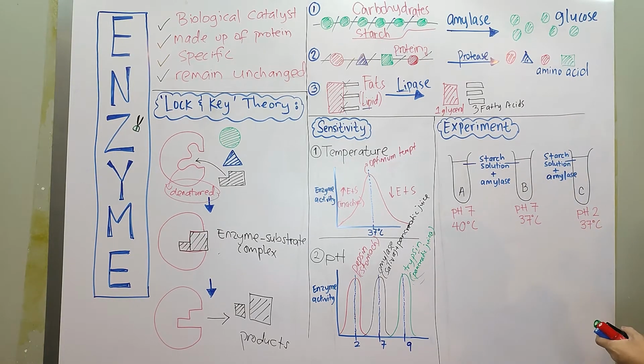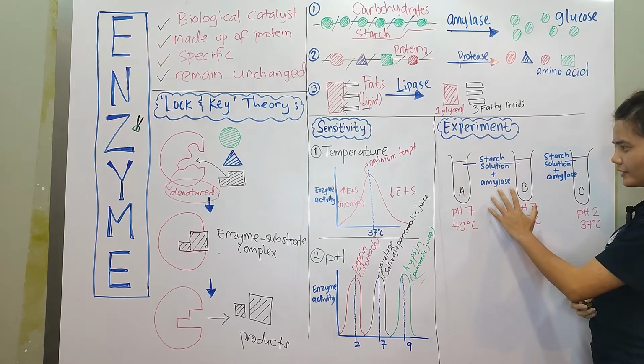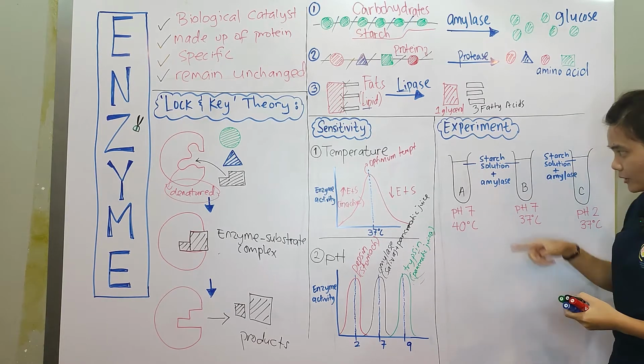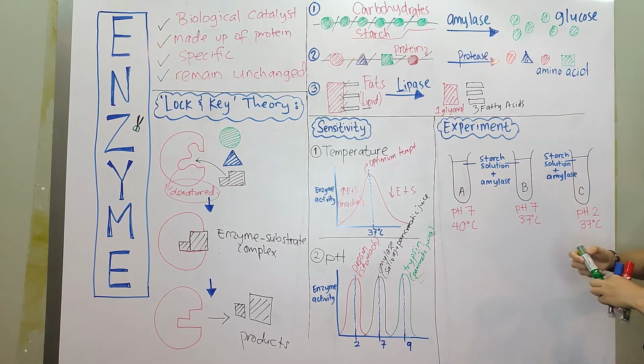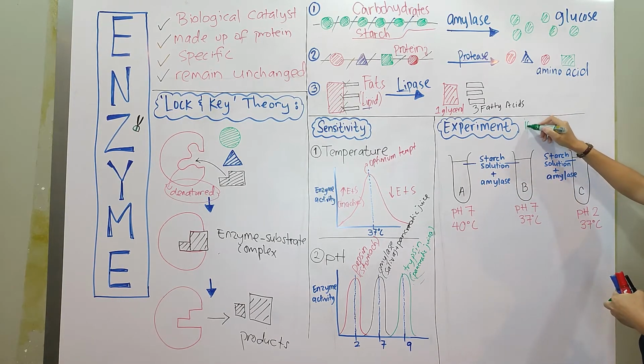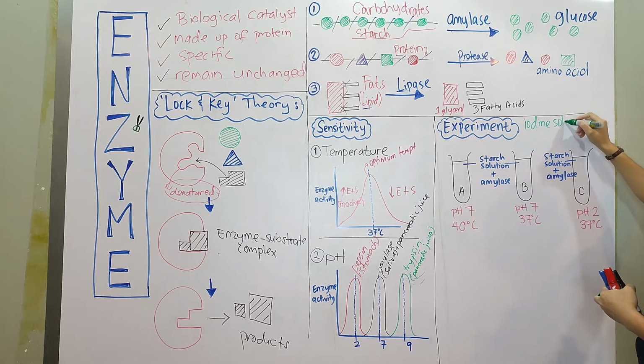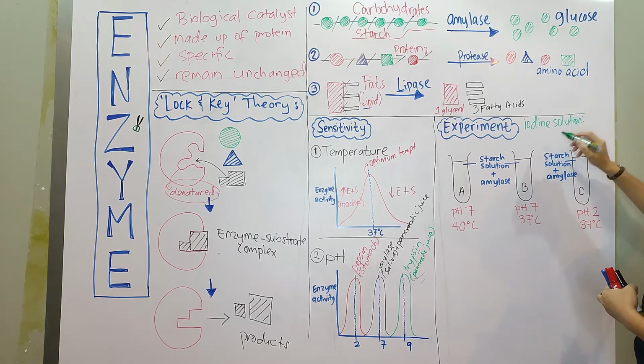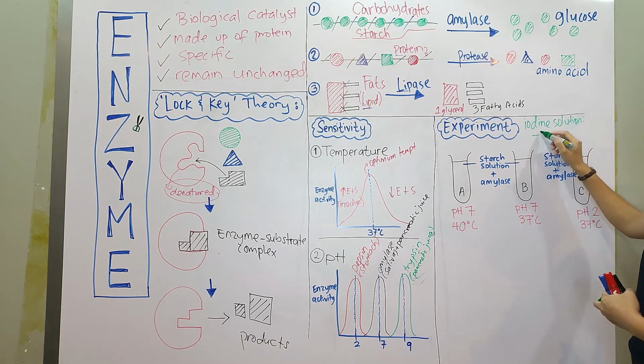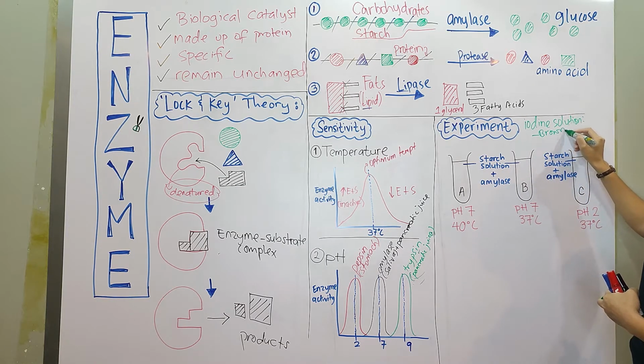This is usually related to the food test also, because you have starch solution and then you will be asked about iodine solution. This one is simple. You just need to know iodine solution. What is the color? It is brown.